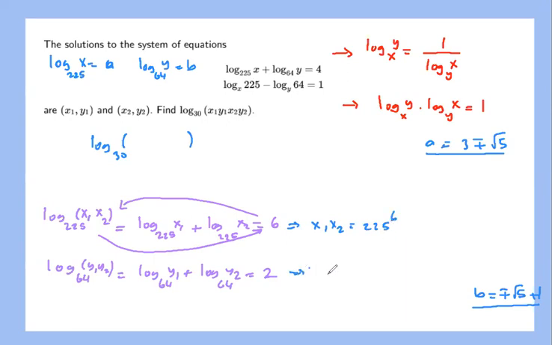The y1 times y2 equals 64 to the 2nd power. Again, if you are not convinced with these, please pause a moment and look at what we did before you move on. So now this is 225 to the 6th power times 64 to the 2nd power.